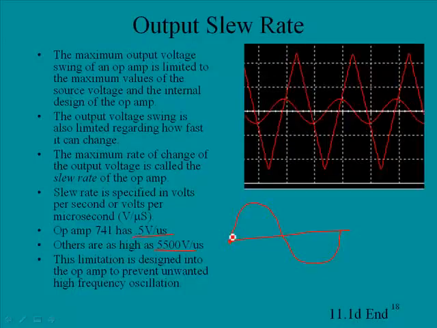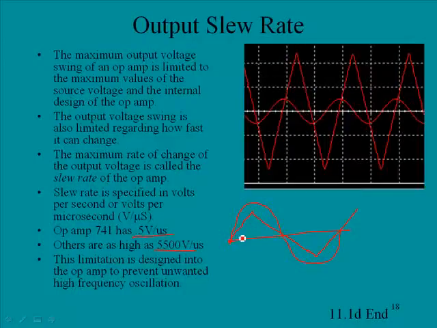So it will attempt to keep up with this rate of change, but it can only go, for example, this fast. And so it can't keep up with this rate of change, and so it ends up coming down like this, and it wants to keep up with this rate of change, can't do it, and so it ends up looking something like that. And slew rate distortion is a function not only of frequency but also of amplitude.